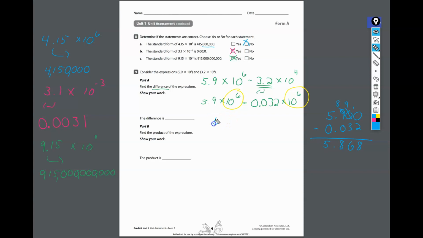Come back over here. I've got 1 digit to the left of the decimal, and I'm going to keep that same exponent. So 5.868 times 10 to the 6 is the difference. Part B wants us to find the product.